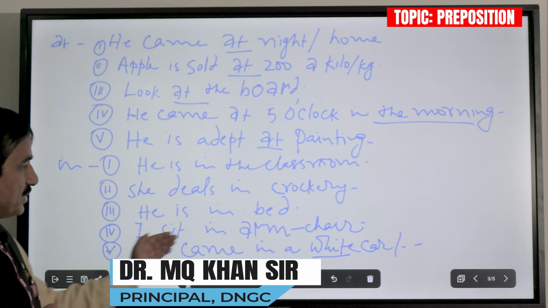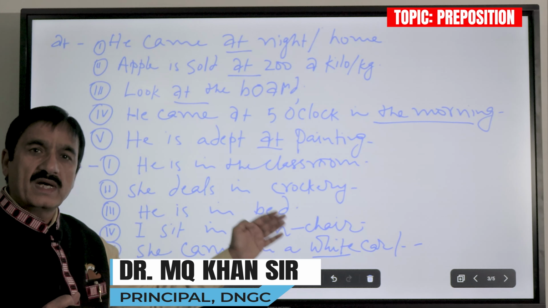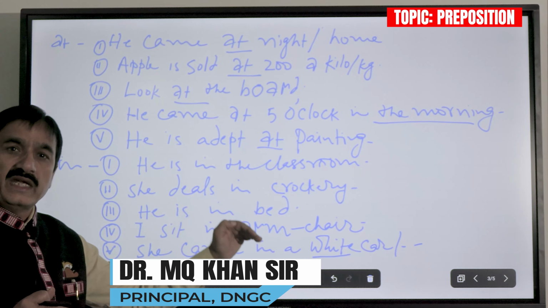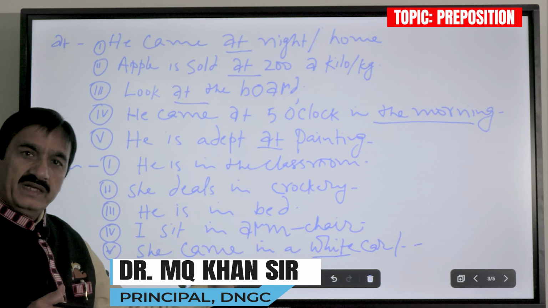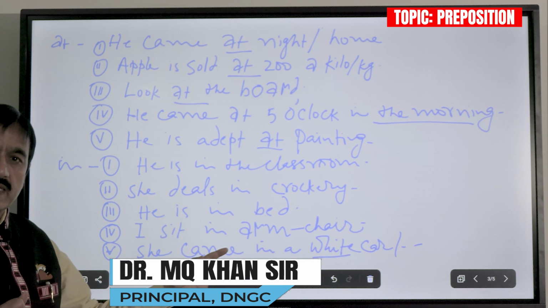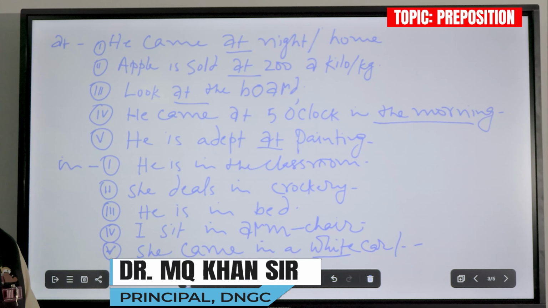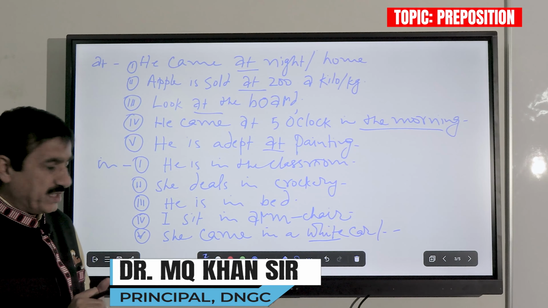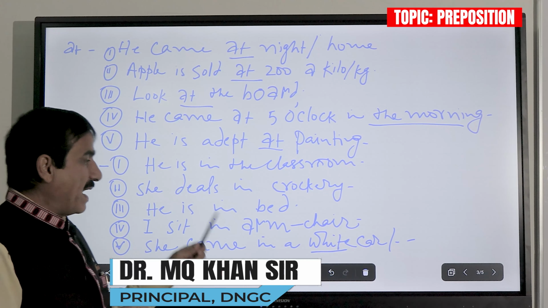For example, she came in a white car, blue car, red car, or in Indigo, or in Rajdhani Express, Shatabdi Express. But if neither brand nor name nor color is mentioned before the mode of communication, in that case by will be used.